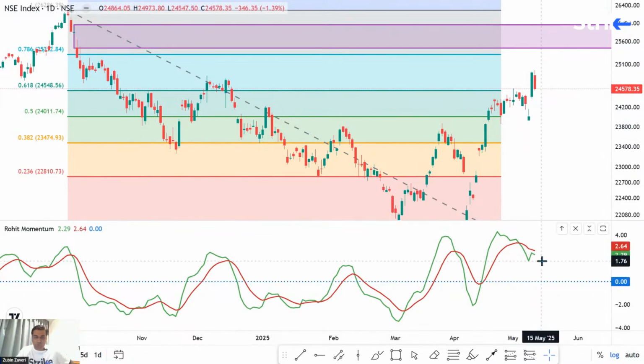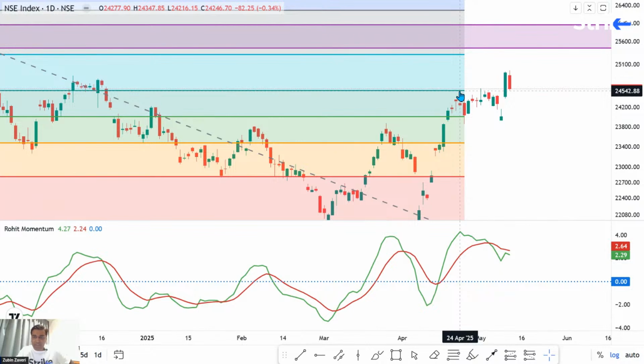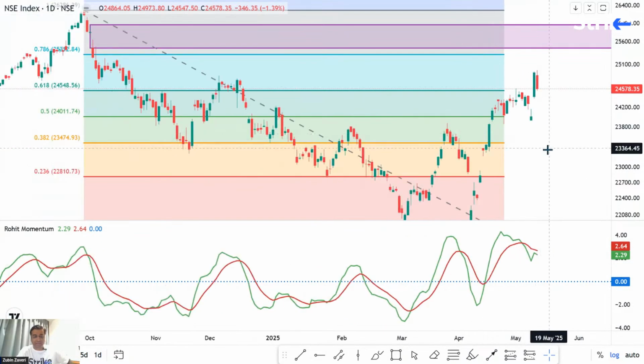So the weekly momentum is bullish. We can expect the market to head higher, take support from the 61.8% level or maybe this huge gap up area, and then bounce back again, creating higher highs and higher lows. So the trend will remain intact.